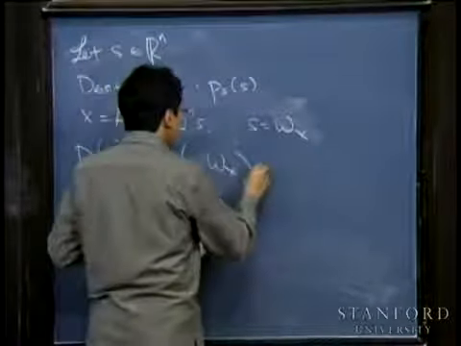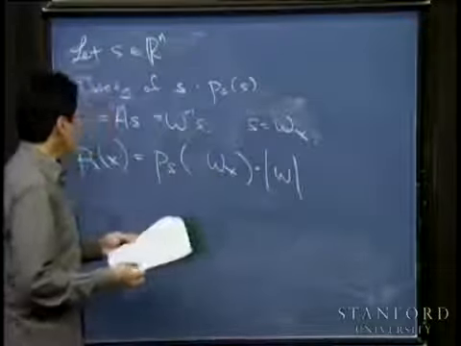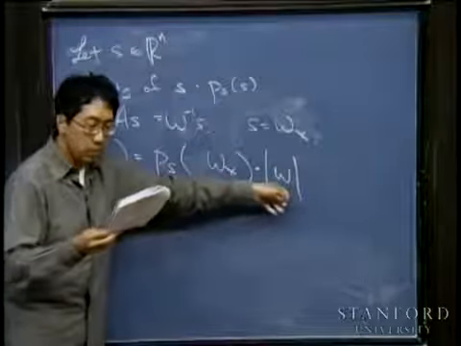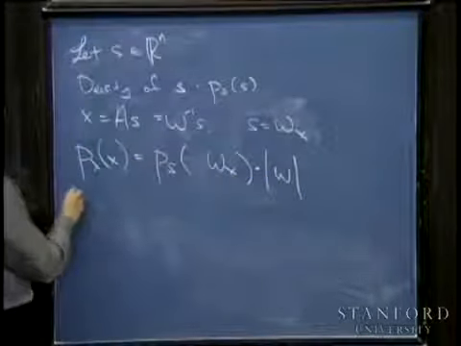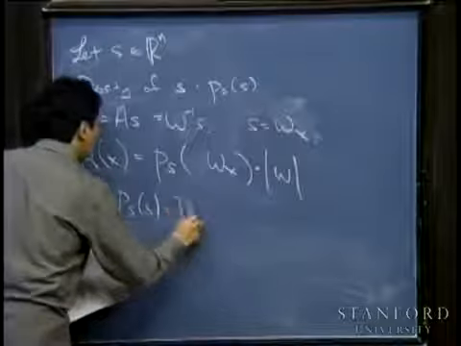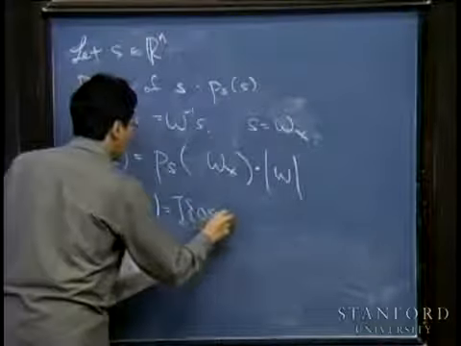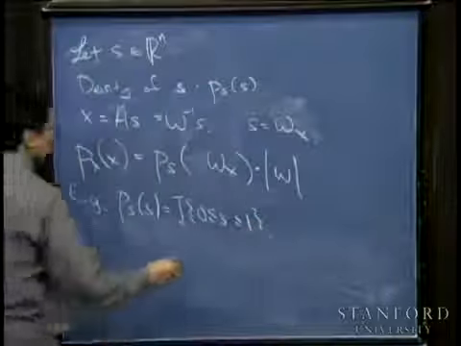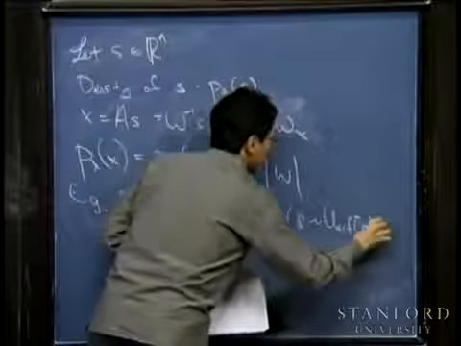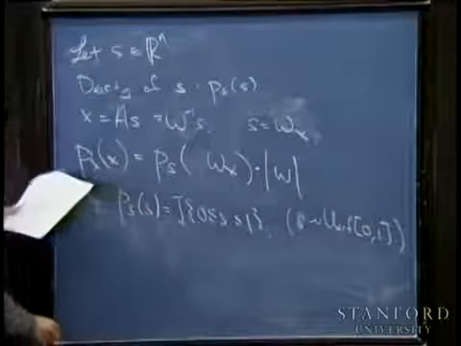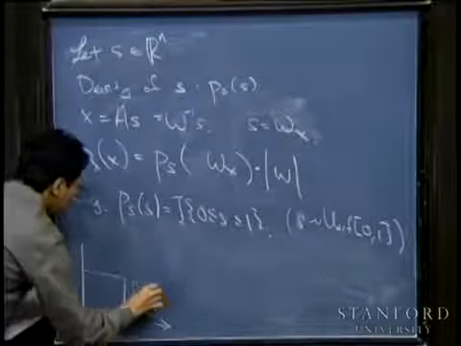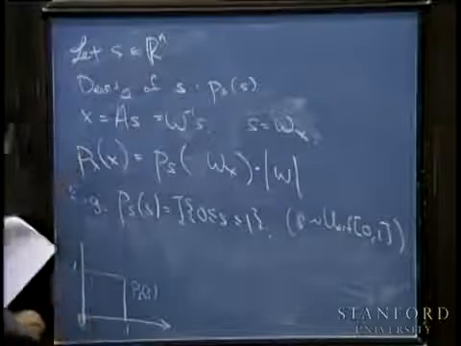In particular, the right formula is the density of S applied to W times X, times the determinant of the matrix W. And let me just illustrate that with an example. Let's say S is uniform over the unit interval, and so the density for S looks like that, right?